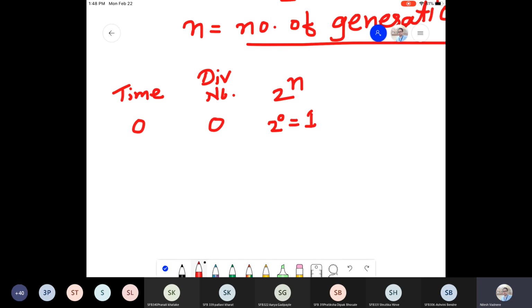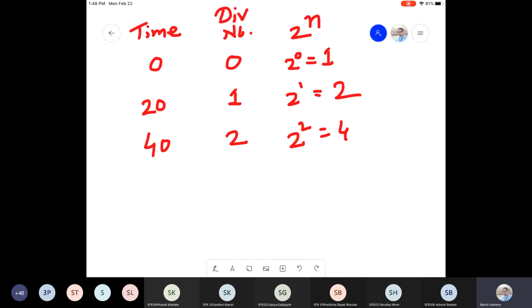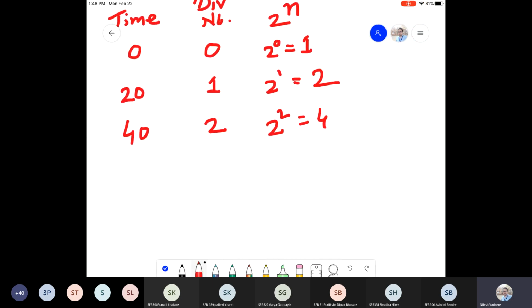So at 0 time, there is only one cell. Now, after 20 minutes, the division will be 1. So 2 raised to n is equal to 2 raised to 1, which is equal to 2. After 40 minutes, division will be 2. So 2 raised to 2 will be 4. So the total number of cells or the population will be 4.